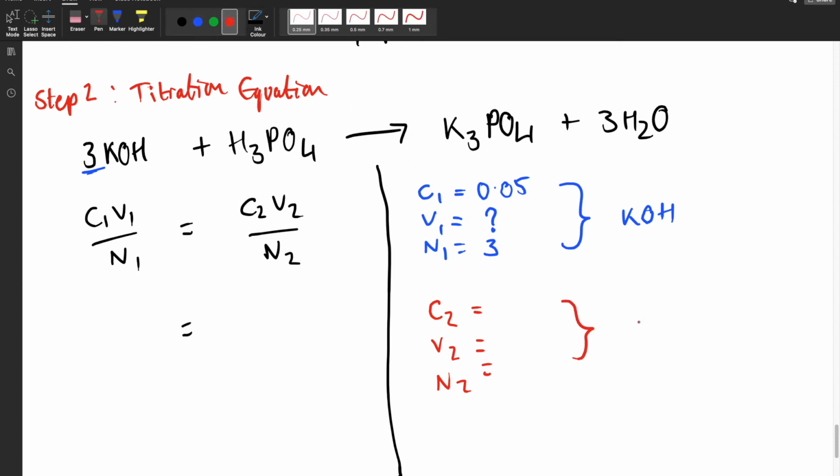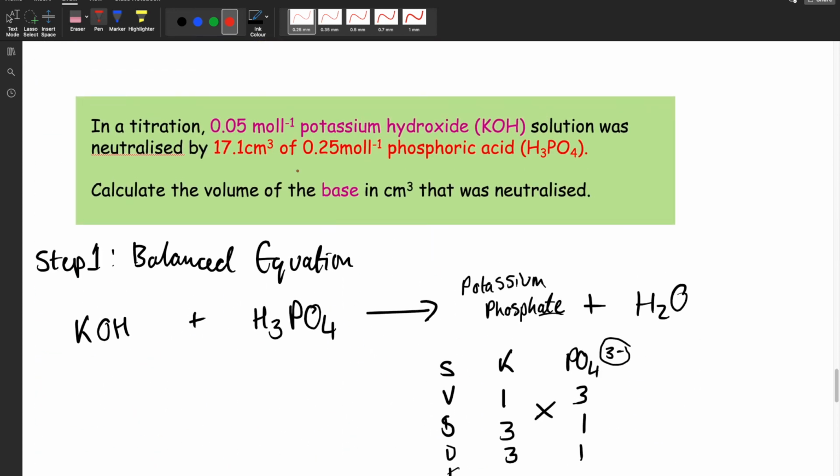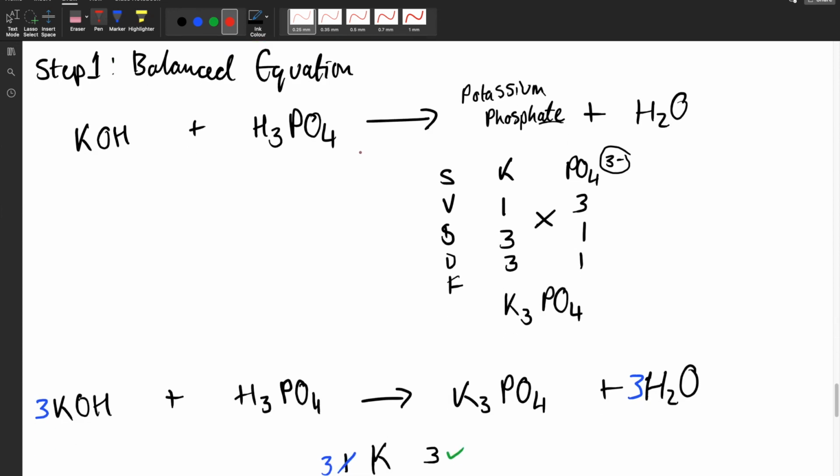Our acid is our phosphoric acid there. So let's find out what we know from the question about that. So we know the volume is 17.1, and we know the concentration is 0.25.